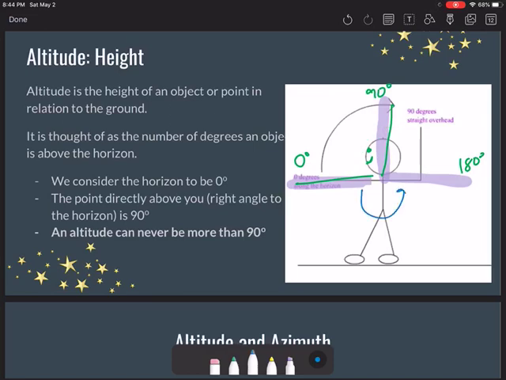Instead, I'm just going to turn to face the other direction. If I turn to face the other direction, my horizon is my 0 degrees, and right above me is 90. So I never need to tilt my head past straight above my head, because if I needed to, I could just turn around and look the other way. So my altitude is always going to be between 0 and 90 degrees. Altitude can never be more than 90.